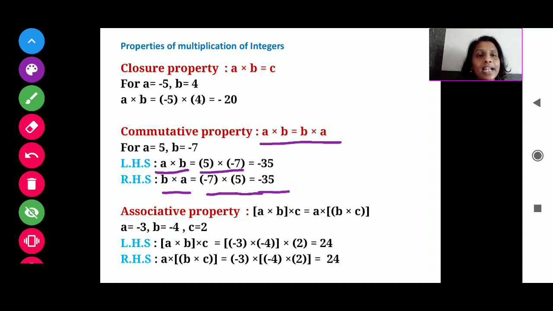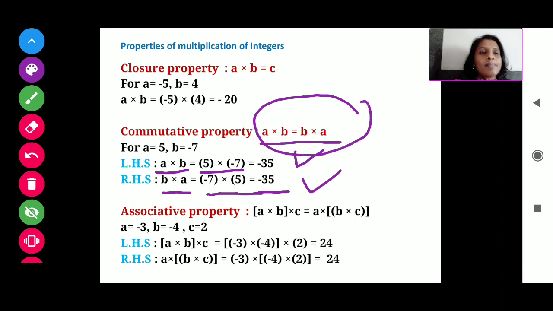So you can see that the left hand side is minus 35 and the right hand side is also minus 35. Both are the same. So a into b is equal to b into a. That means when you change the order of multiplication, it won't affect your answer. There won't be any difference between both of them.